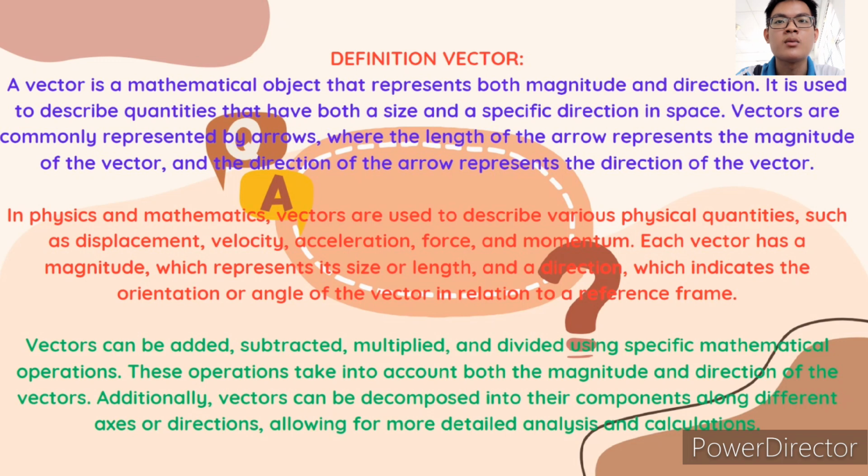Vectors are commonly represented by arrows. The length of the arrow represents the magnitude of the vector, and the direction of the arrow represents the direction of the vector.